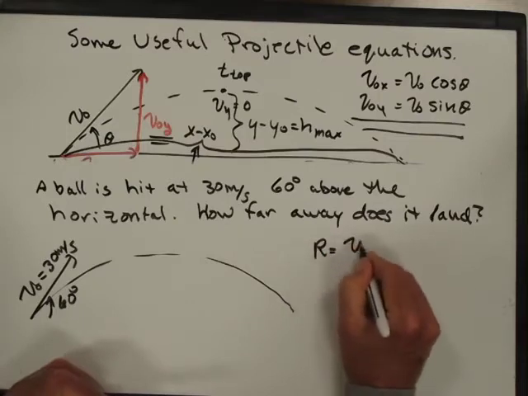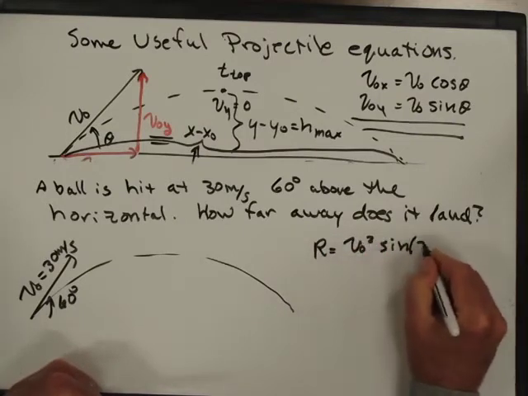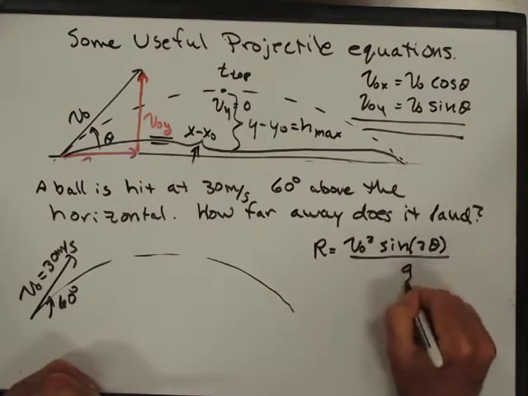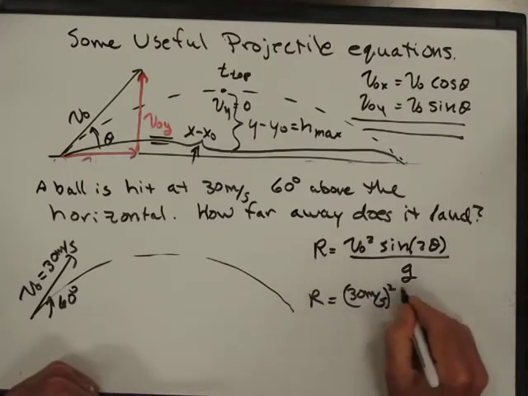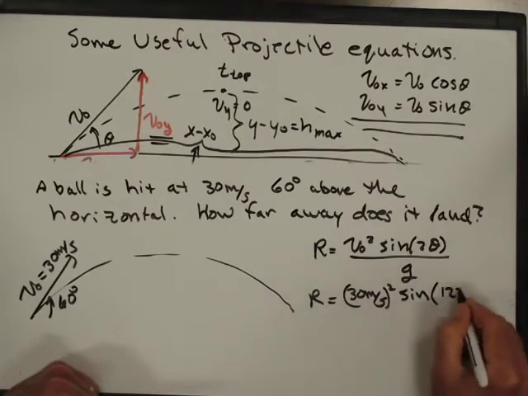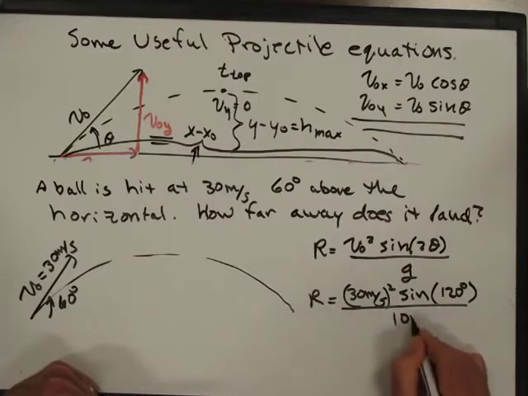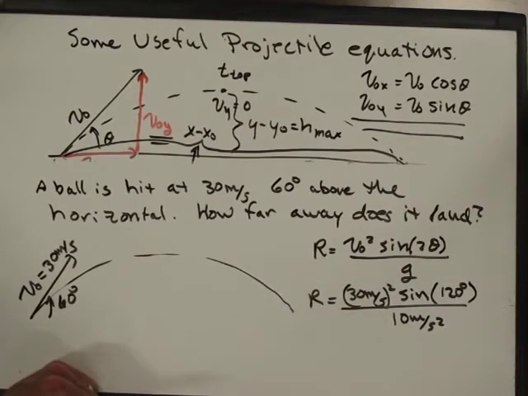And so the range is equal to v naught squared sine of 2 theta over g, and that's equal to 30 meters per second squared times the sine of 120 degrees divided by 10 meters per second squared. The range is 78 meters.